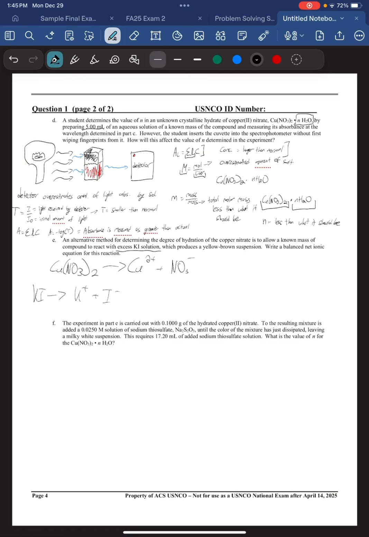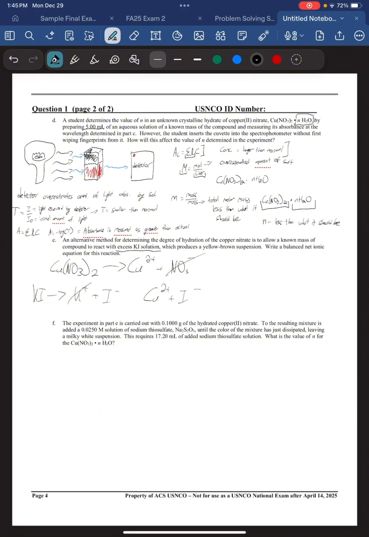So next, what do we do from here? Well, we notice that we have both spectator ions and reactive ions, which we have to identify. The potassium and the nitrate won't further react, so all we have left is the copper and the iodide. So we have copper 2 plus and iodide minus.